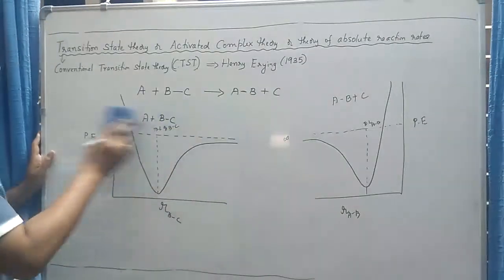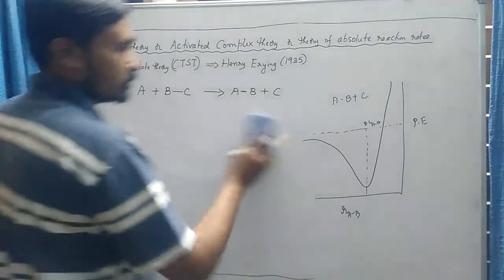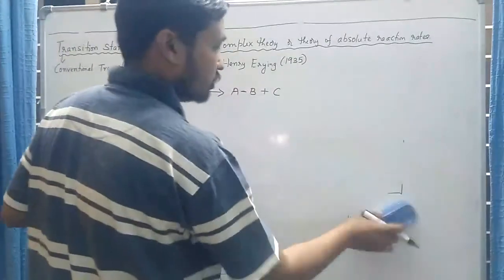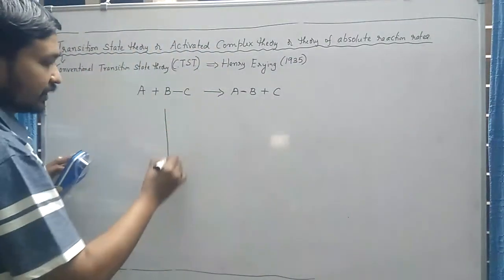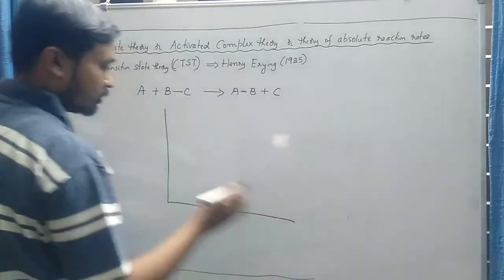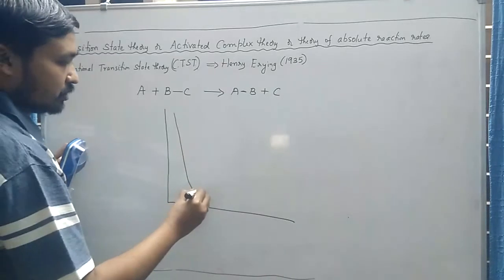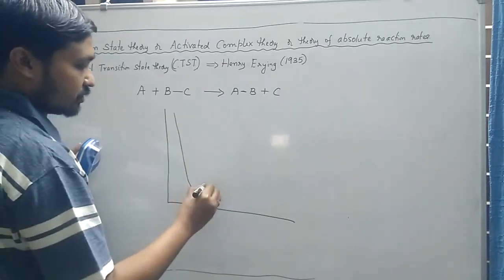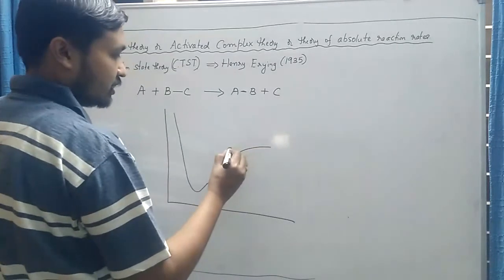So if I overlap these two potential energy diagrams on each other, the potential energy diagram will look something like this. This is the potential energy diagram for the reactant. It passes to a maximum like this.